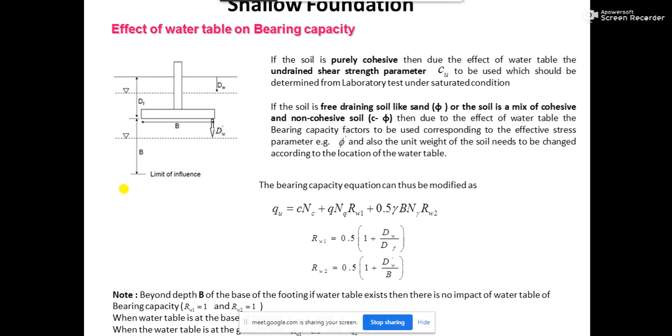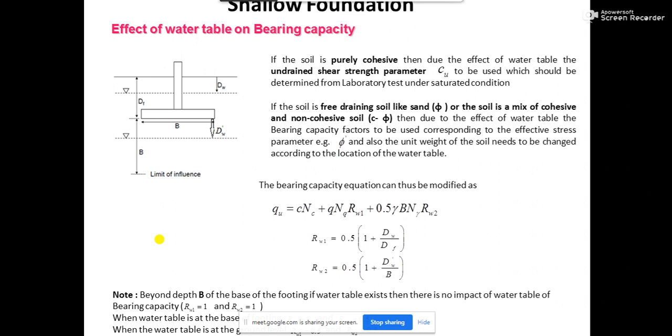So if the water table is just reaching the limit of influence or is below it, then there is no effect of water table on the bearing capacity of soil. Okay.